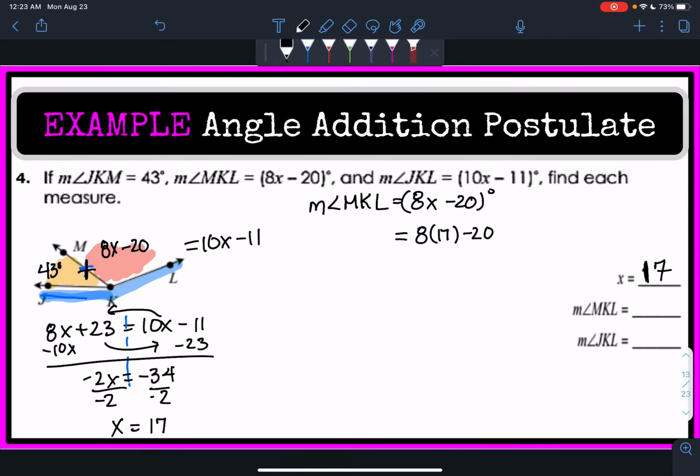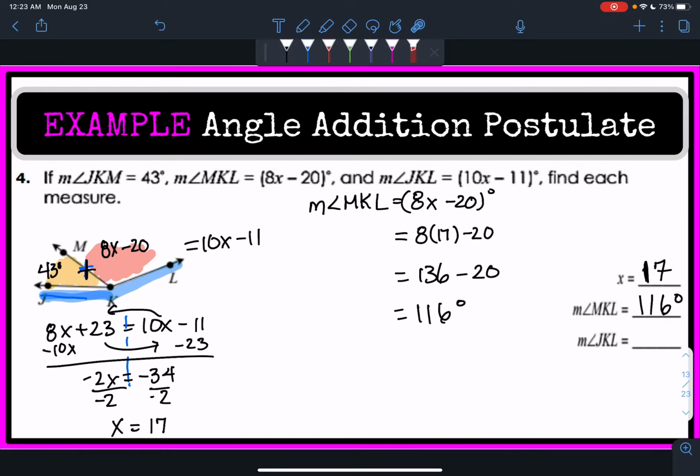Well, 8 times 17, that's equal to 106, no, 136. I was off by 30. And then 136 minus 20 is equal to 116. So the first angle measurement is 116 degrees.